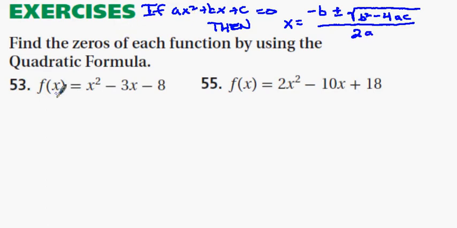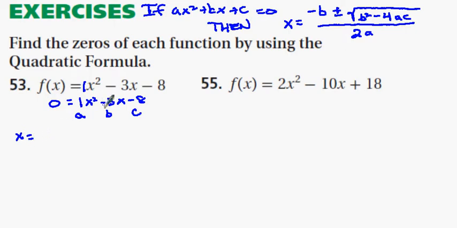So on number 53, the first thing we do is we set this to 0: 1x squared minus 3x minus 8. This is my a, that's my b, negative 3, that's my c. And then we employ the formula.